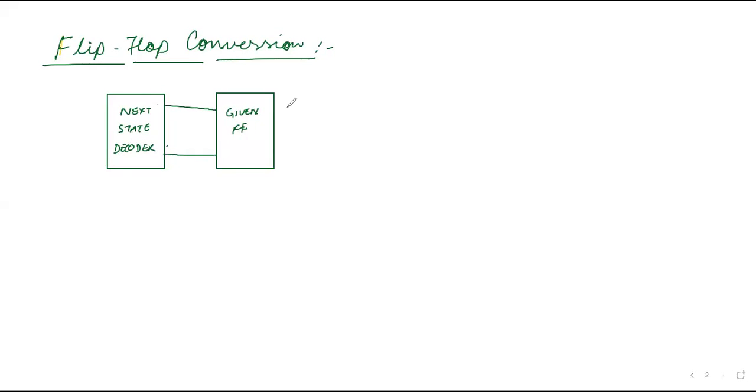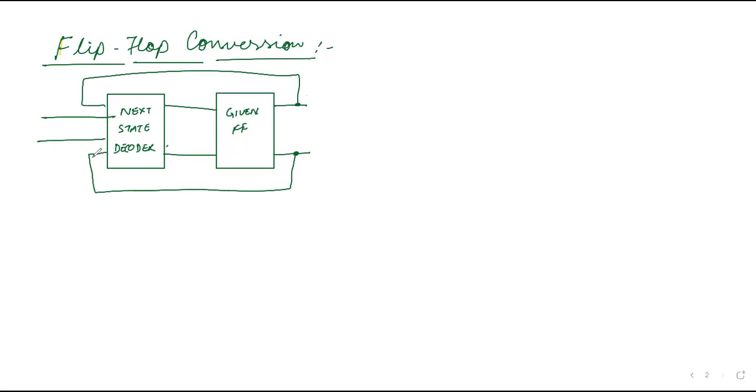These may be connected and it may happen that there will be some feedback from the output of the given flip-flop to the next state decoder part, and obviously we will have some input. So we will see one flip-flop conversion.